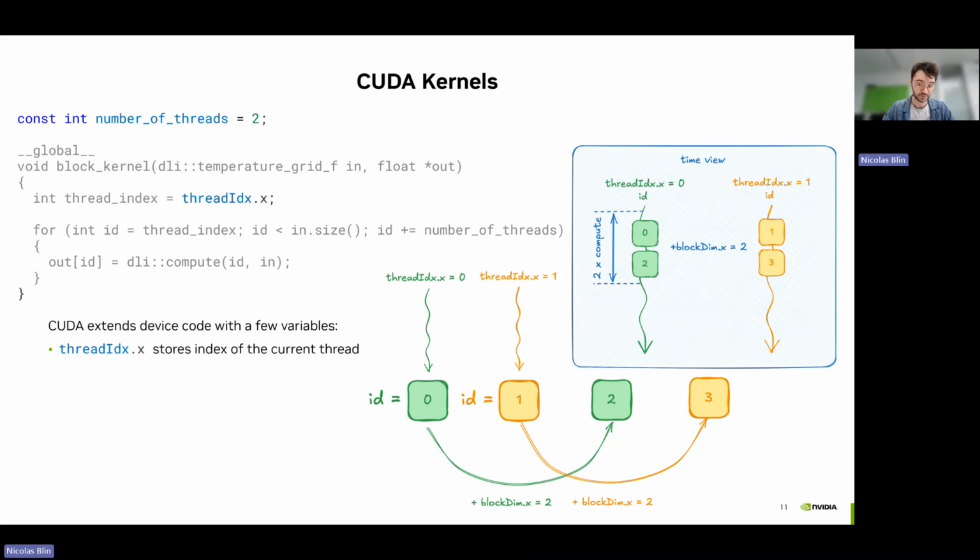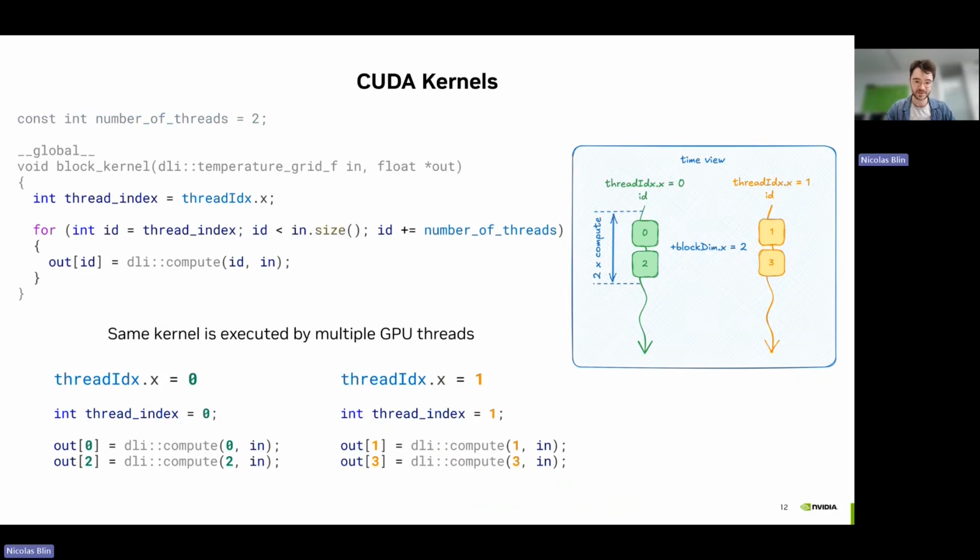So if we launch 2 threads, threadIdx.x will be equal to 0 in the first thread and 1 in the second thread. With this approach, each thread is going to process a different subset of cells. In the kernel, we first read threadIdx.x to identify the current thread index. Then each thread starts by processing the cell whose index matches its own thread index.